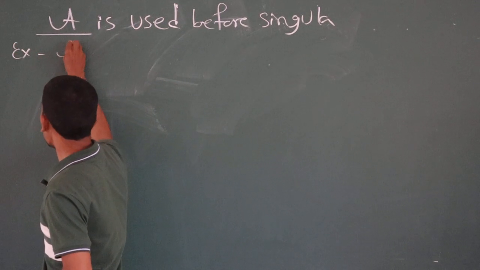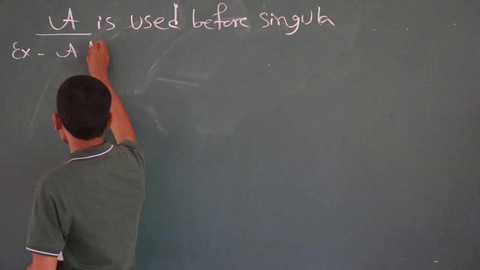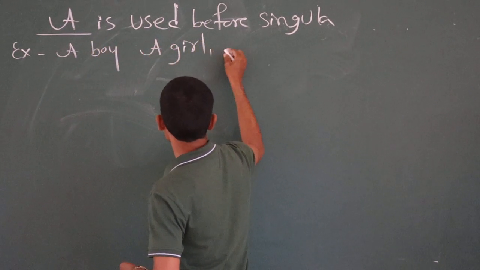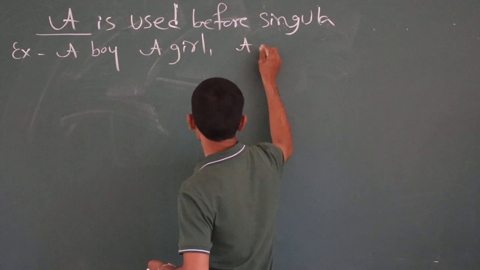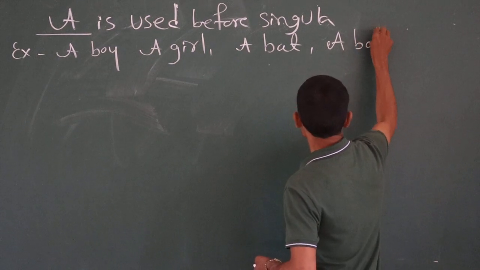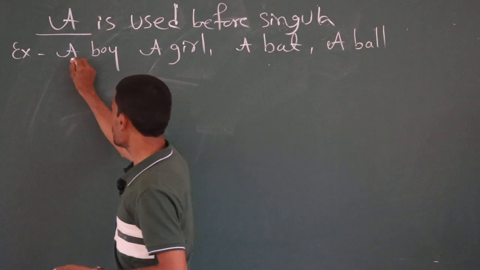Examples: a boy, a girl, a bat, a ball. Like this, before a singular word.